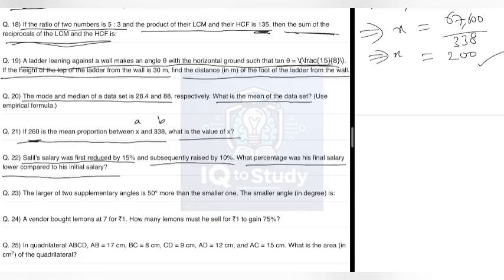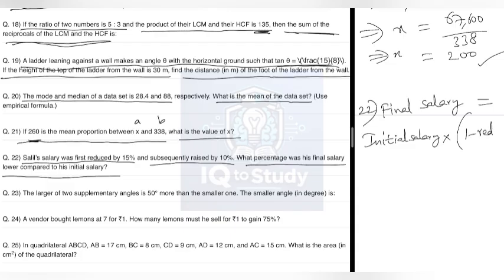Let's calculate the final salary first. Final salary is equal to initial salary into (1 − reduction percent) into (1 + increment percent).